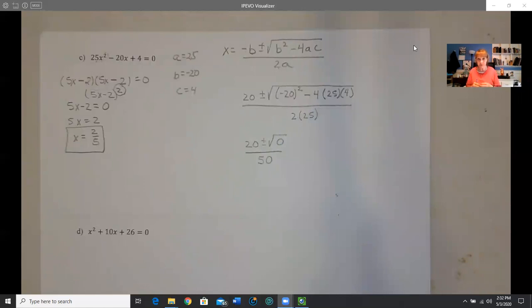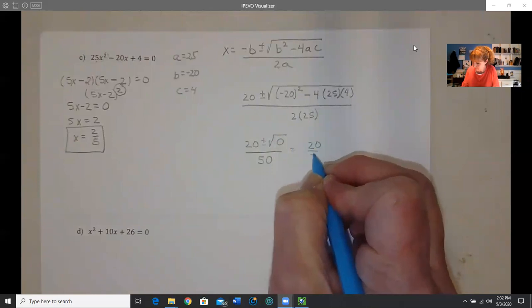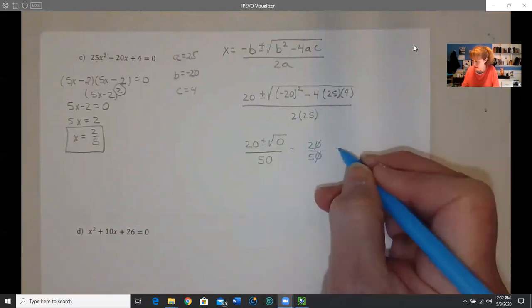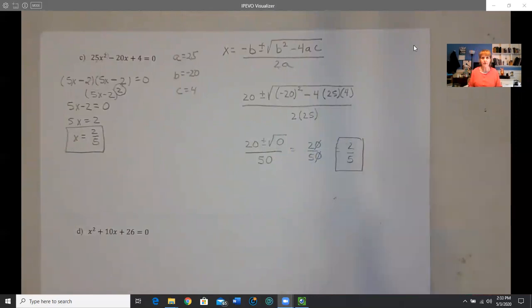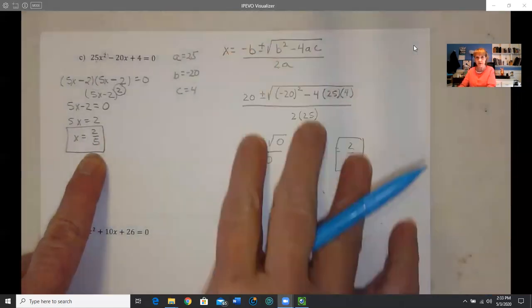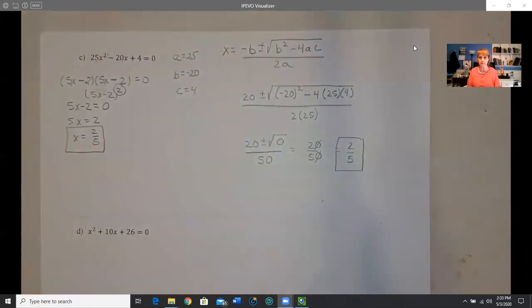And the square root of 0 is 0. Well, we know that those reduce down, and you get 2/5. You get 1 root because you had the square root of 0. Same thing, all right? Whether you use this method or you realize that you could factor it, you come up with the same thing.